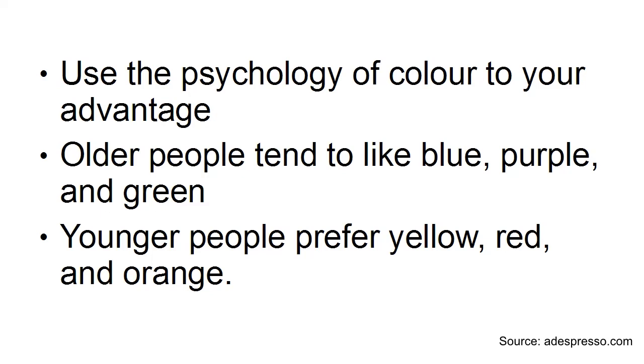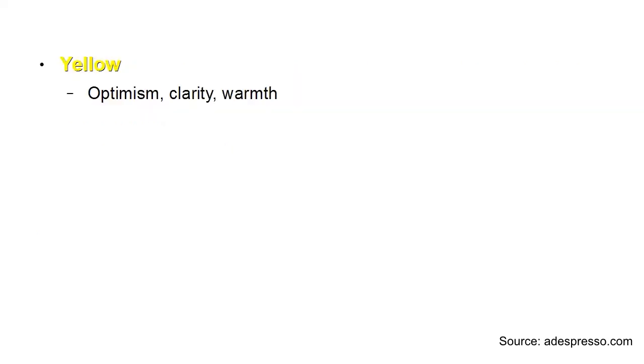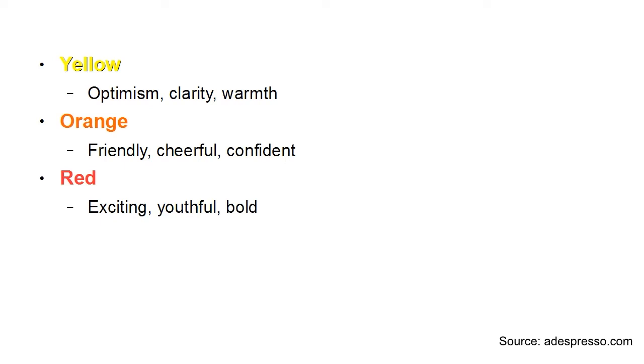In fact, you can actually take it a step further because different colors tend to relate to different things. For example, yellow tends to convey optimism, clarity, and warmth. Orange is considered friendly, cheerful, and confident. Red is exciting, youthful, and bold. People associate purple with things that are imaginative and creative.